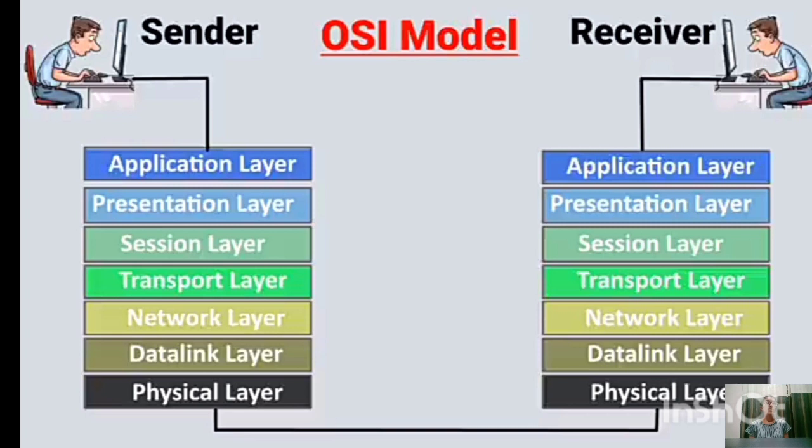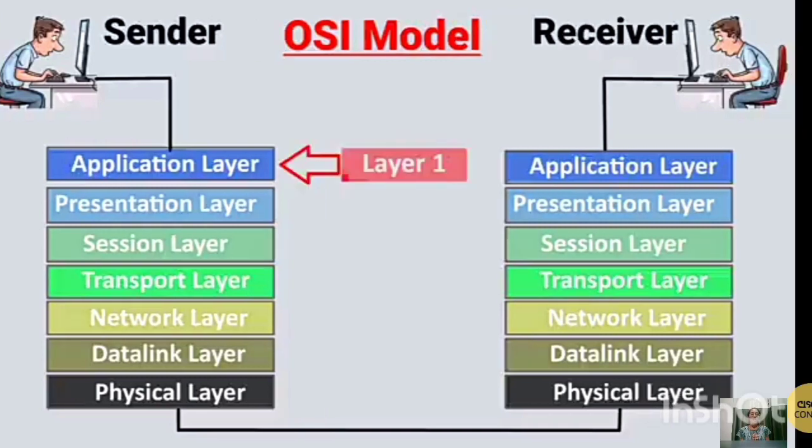Okay, as you know, the OSI model has 7 layers. Now it has 2 sides: one is the sender and the other is the receiver. Let me tell you which layer is the first layer of the OSI model. It depends on your position.